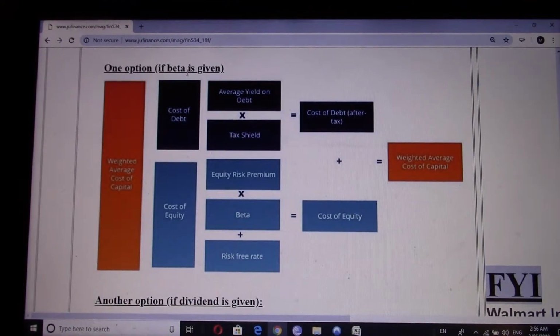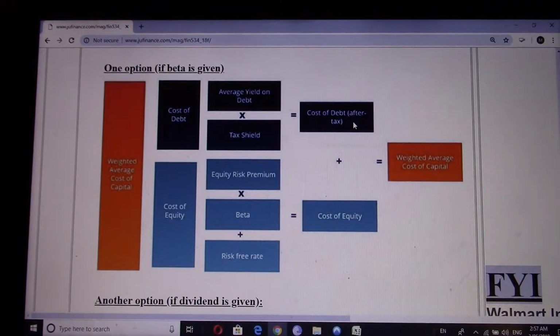So if beta is given, the cost of debt is just related to the bond yield here. But since interest is tax deductible, it gives some interest tax shield. So the cost of debt would be lower than the returns to the bondholders.